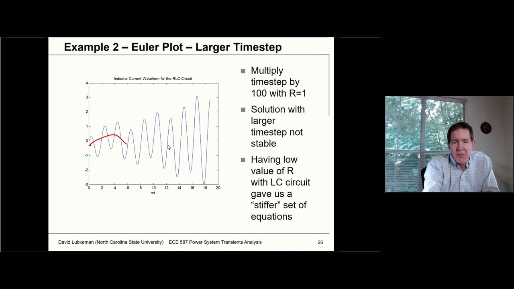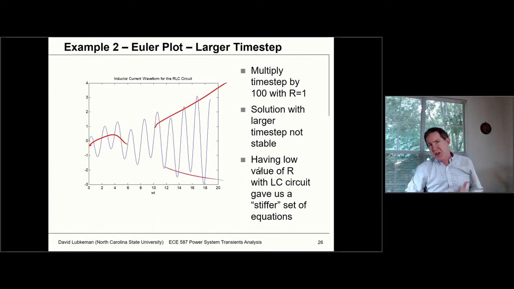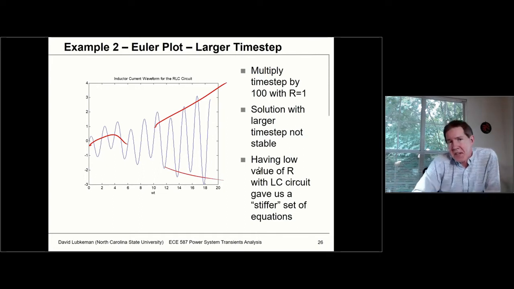All right. So all of a sudden, instead of these oscillations decreasing in magnitude, they actually start to increase in magnitude, and if we run this thing long enough, the magnitudes basically tend toward infinity. They don't really come back at all. So what's happened in this case is, since I've chosen the smaller value of R, I'm getting what we refer to as a stiffer set of equations that become more difficult to solve.